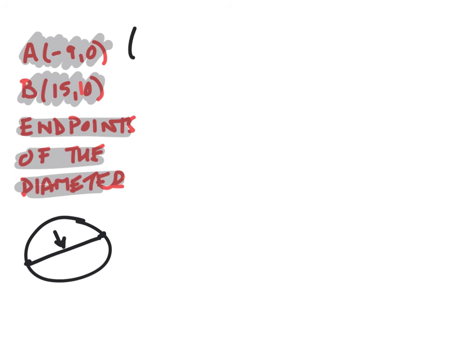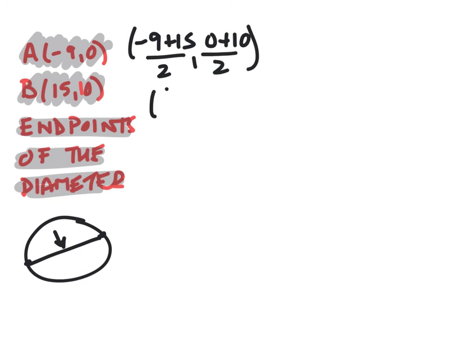The midpoint formula just says add your x values together and divide by 2, add your y values together and divide by 2. We get 6 halves, 10 halves, and so we get 3, 5.